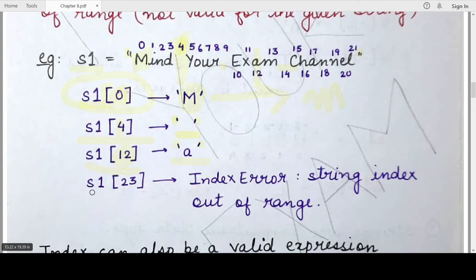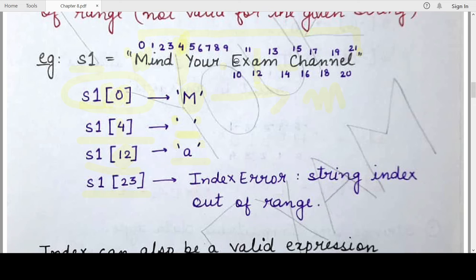Okay, now let's see what happens if we try to access index 23 of this particular string S1. Since the length of this string is 22, and the indexing is going from 0 to 21, any value after 21 and before 0, that means any negative index, okay, let's not consider negative index in this case.